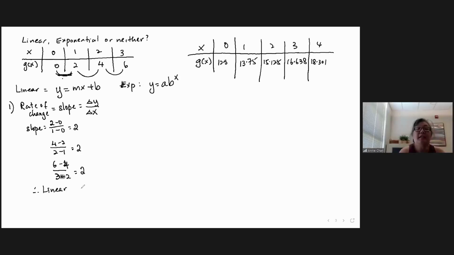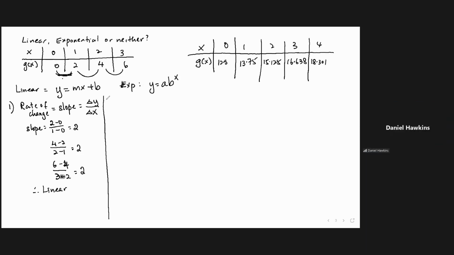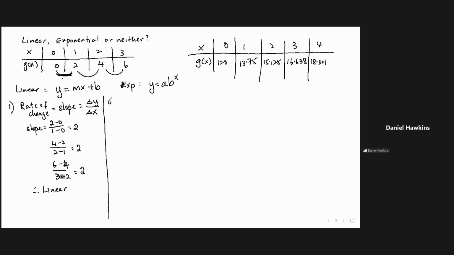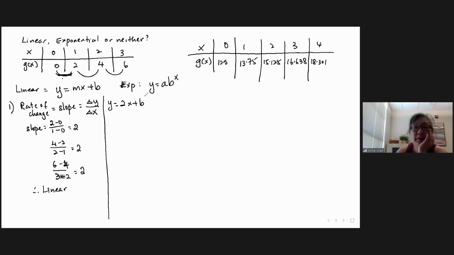Okay, let's proceed to finding the equation for linear. We already know the slope now, and m is the slope. So then would we put in the points to solve for b? Which point?